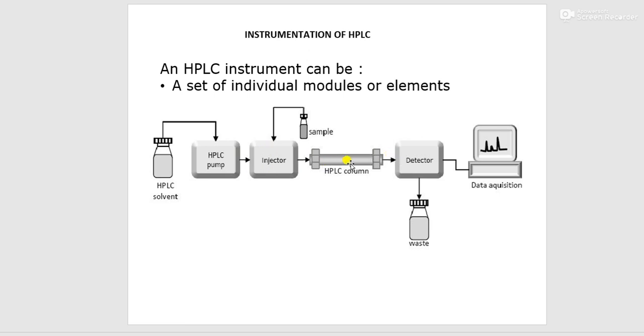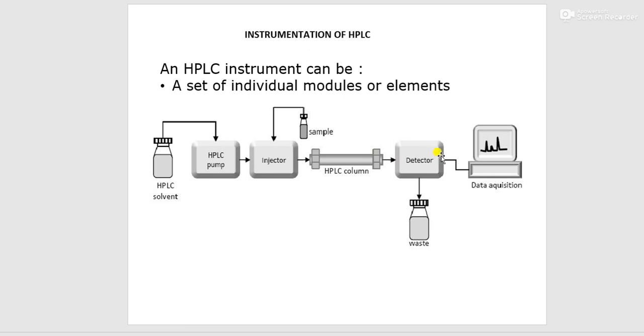Next is the HPLC column. The HPLC column is the heart of HPLC, because actual separation takes place in the column, where the stationary phase is contained. Now what is the role of the detector? Whatever is coming from the HPLC column will be detected by the detector in the form of peaks.